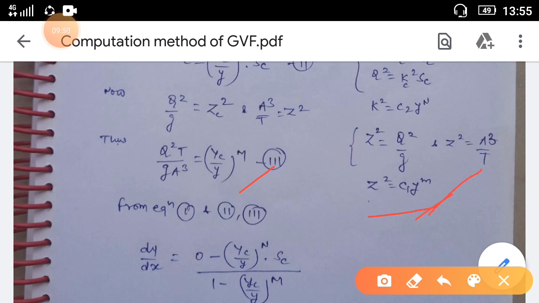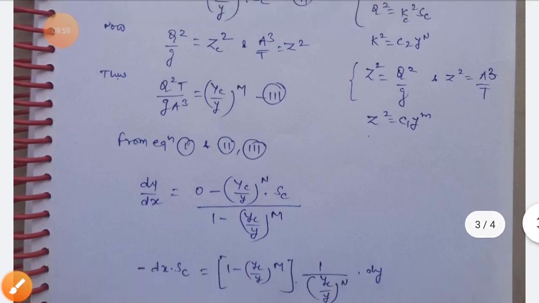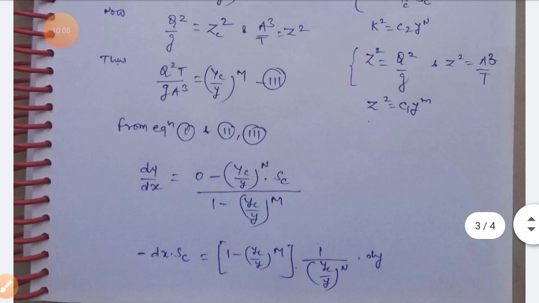Now from equations first, second and third, we will get dy by dx, and slope of bed SB is equal to 0. So dy by dx is equal to [(yc upon y) to the power n minus Sc] upon [1 minus (yc by y) to the power m].